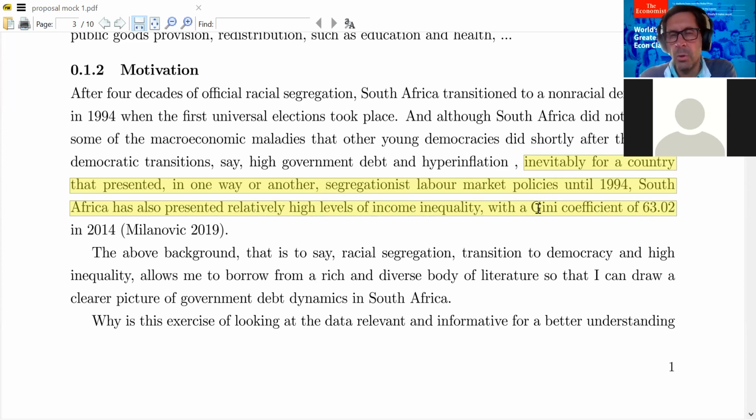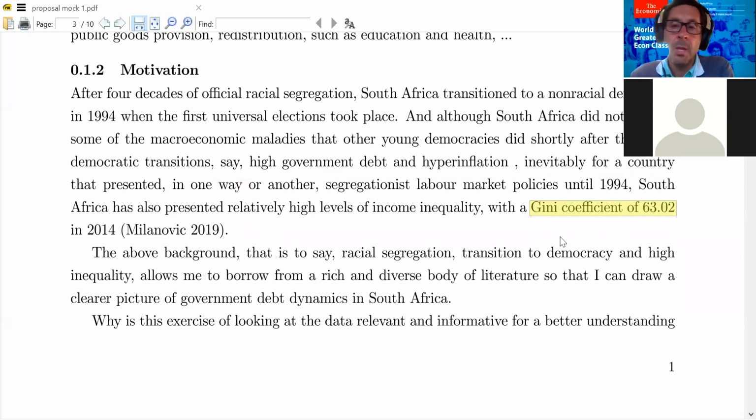If you know a little bit of income inequality and how it's measured, this Gini coefficient is pretty high, okay? Meaning that a few people at the top get a lot of the disposable income in the country. I cite Milanovic here, but you don't need to cite anyone at this stage either.